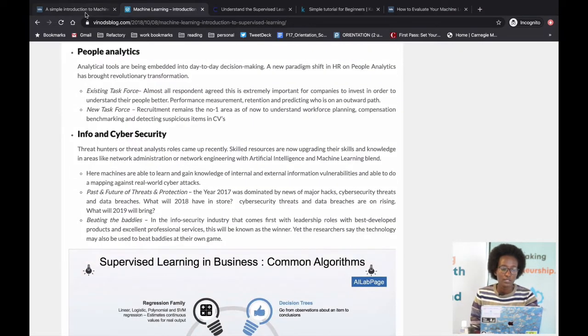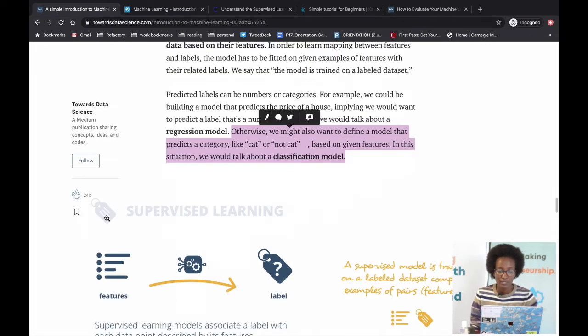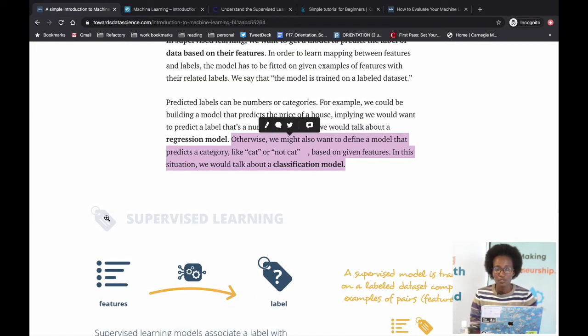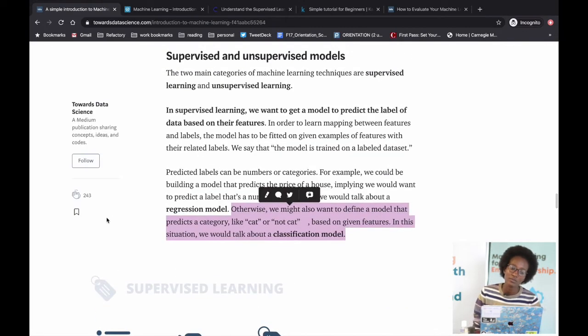So far we've seen a simple introduction to supervised learning, what supervised learning is, and a small introduction to what unsupervised learning is. Under supervised learning, we've seen classification and regression. Classification has to do with predicting categorical outputs, and regression has to do with predicting numerical or continuous outputs.